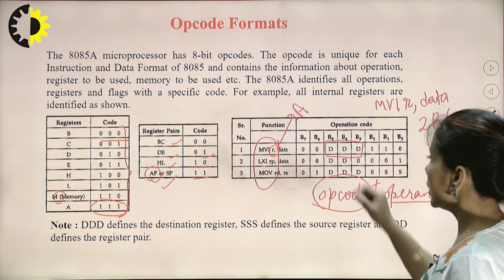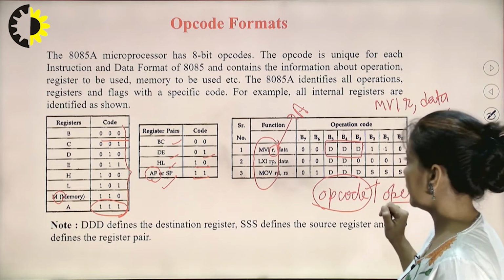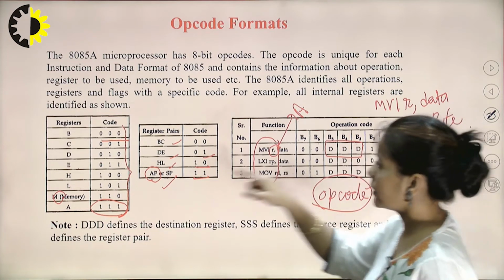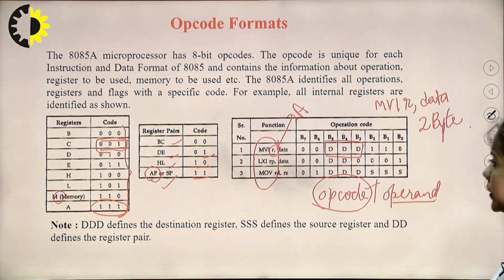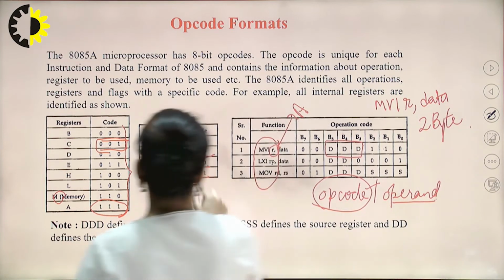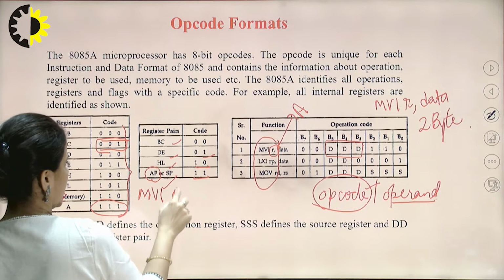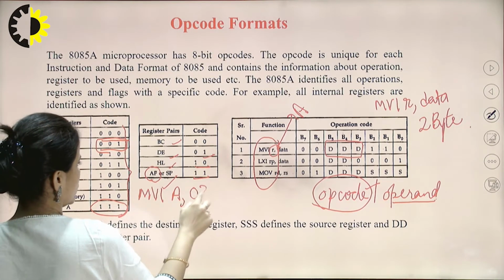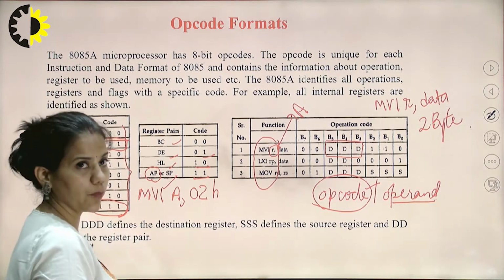If R is suppose C, then this DDD will get replaced by 001. So this is how the format is specified. So suppose I give you MVI A comma 02H. Now, what will you write? What will be the instruction format for this?